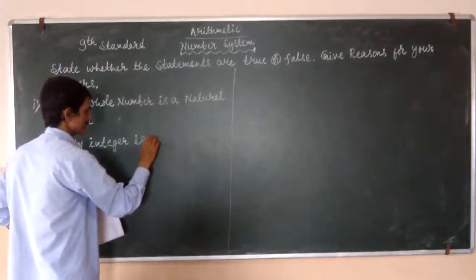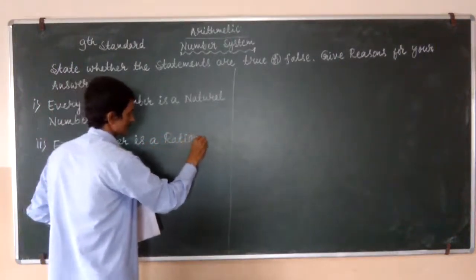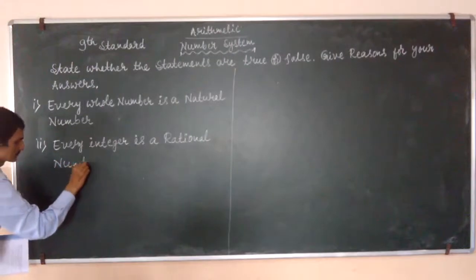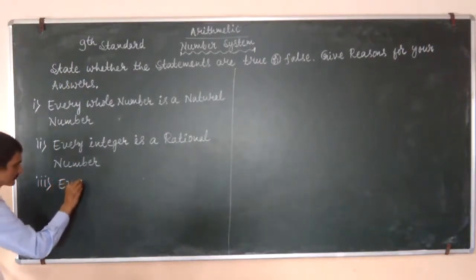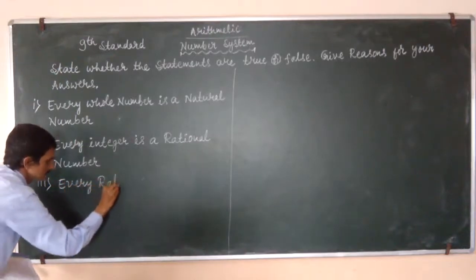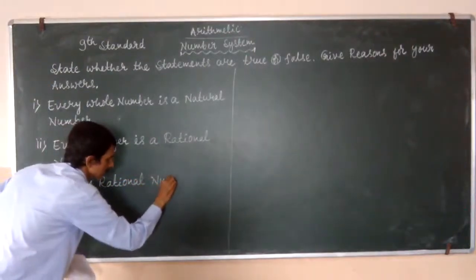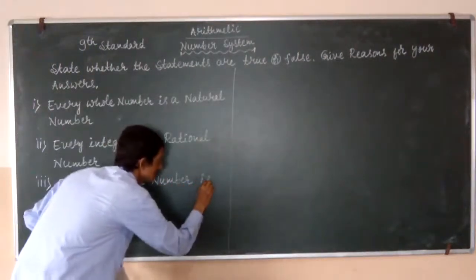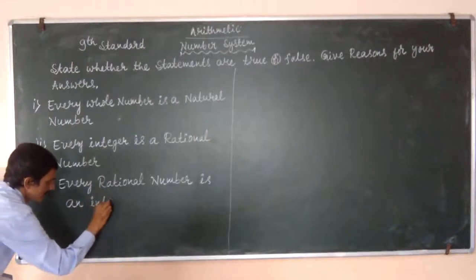The third statement is, every rational number is an integer.